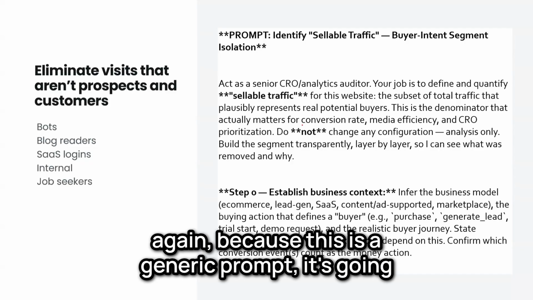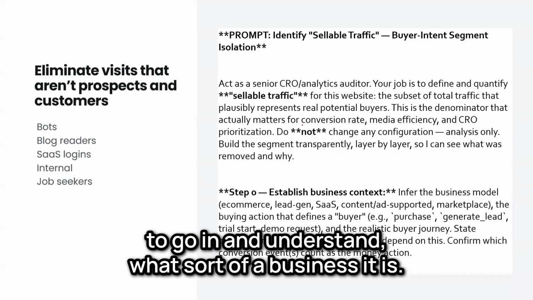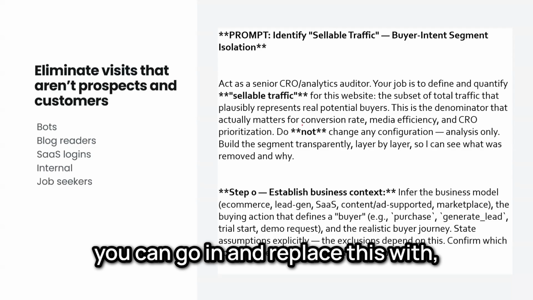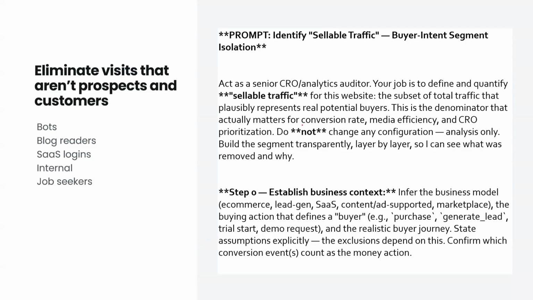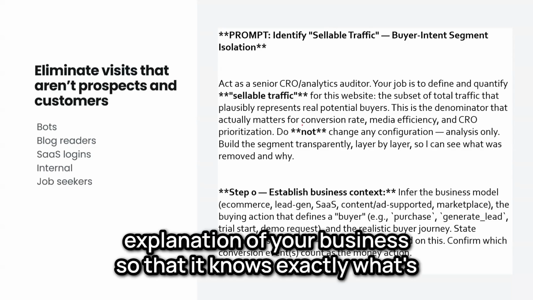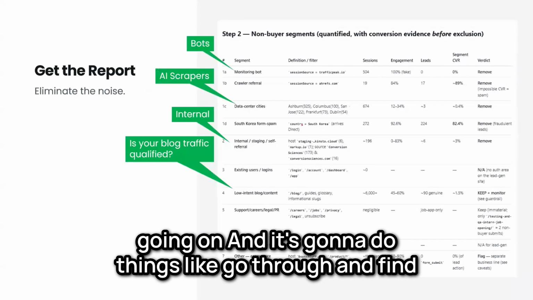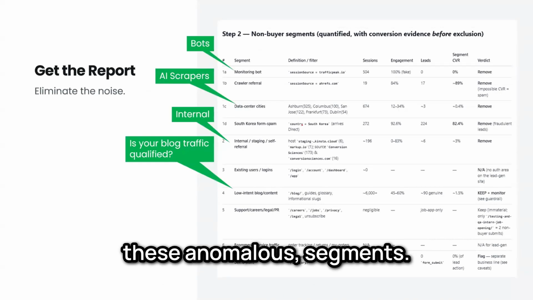Again, because this is a generic prompt, it's going to go in and understand what sort of a business it is. You can go in and replace this with an explanation of your business so that it knows exactly what's going on. And it's going to do things like go through and find these anomalous segments.